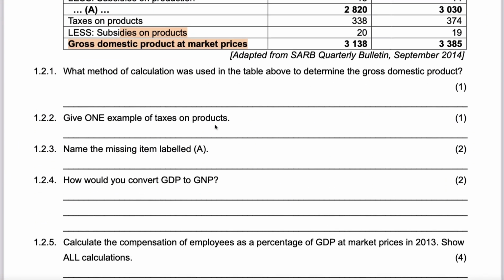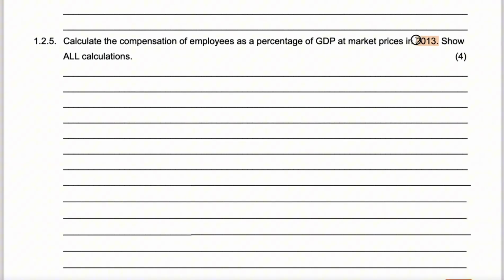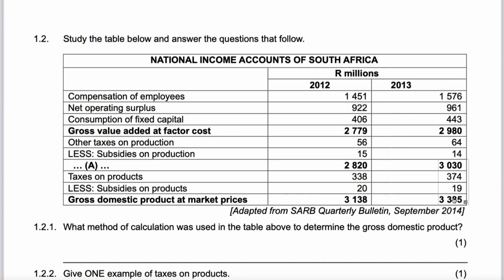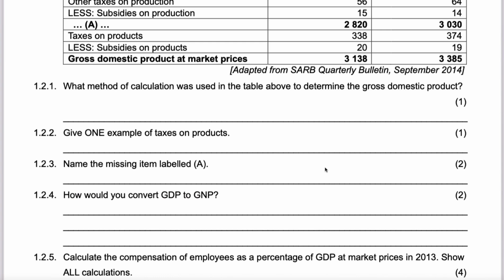Then we go back and check which year. They say 2013. So we come back, this is 2013. So this is the figure we use. 157,876 divided by this figure here, 3385. So this divided by this times 100. That's it. It's simple. 4 marks.